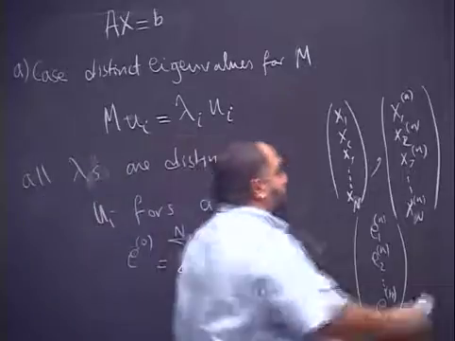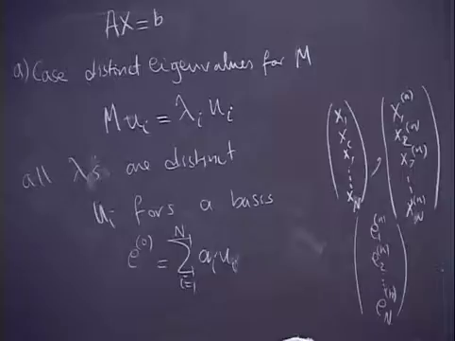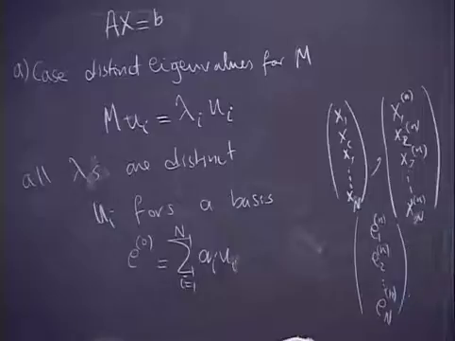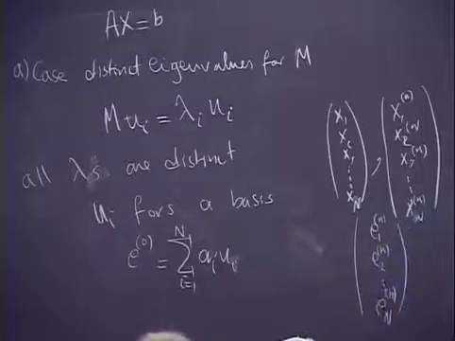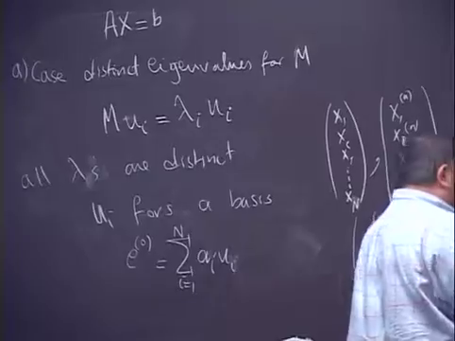So I'm just writing the error vector at the very beginning, the initial guess for the error e0, as a linear combination of the basis of the linear vector space.